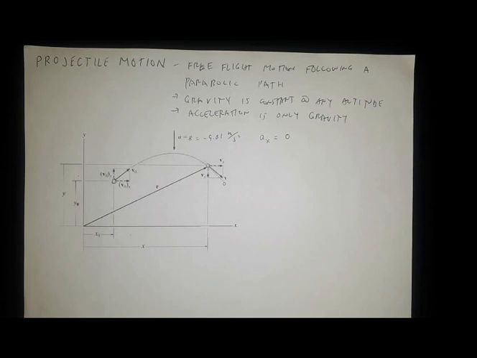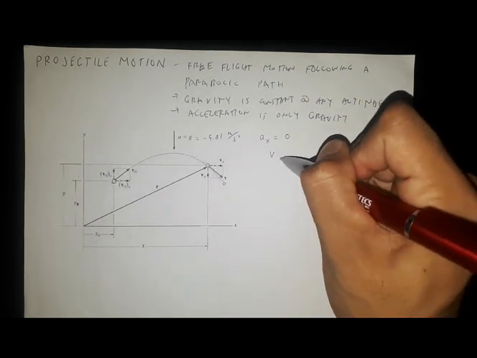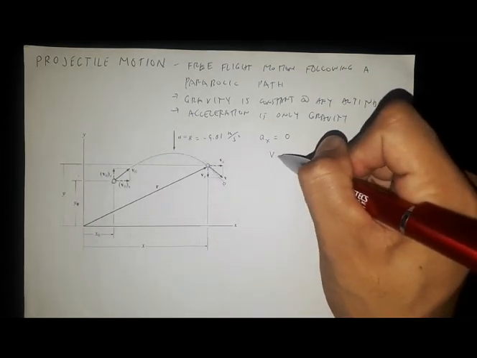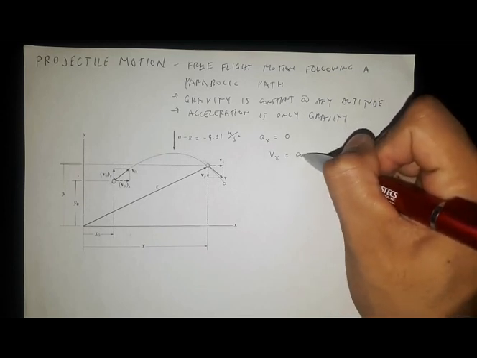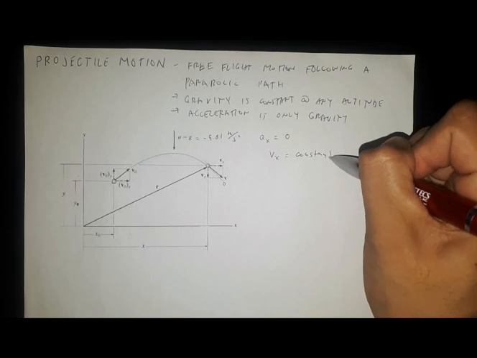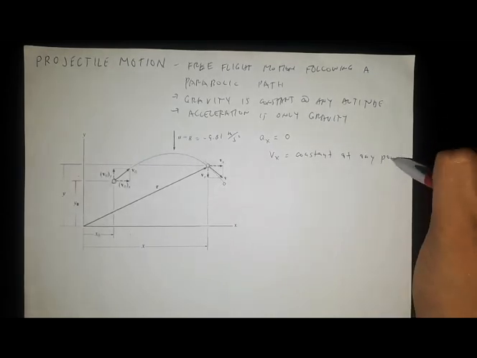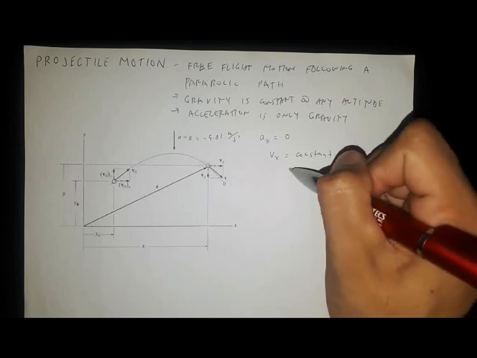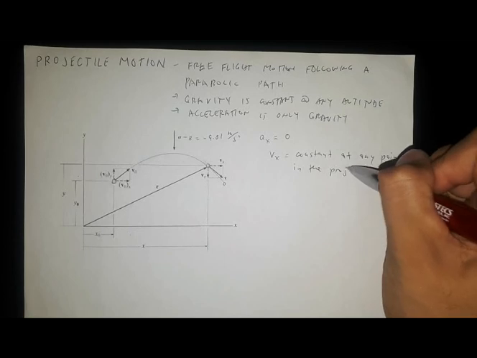Therefore, the horizontal component of the velocity is constant at any point in the projectile.